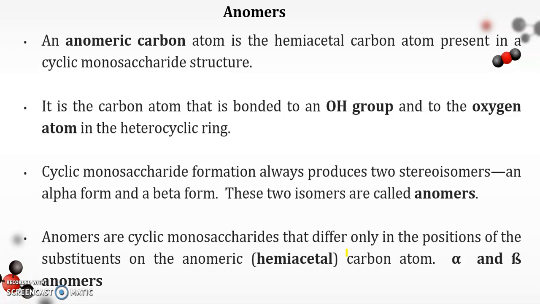It is the carbon atom that is bonded to a hydroxyl group and to the oxygen atom in the heterocyclic ring. Cyclic monosaccharide formation always produces 2 stereoisomers. These are the alpha and the beta form. Anomers are cyclic monosaccharides that differ only in the position of the substituents on the anomeric carbon atom.